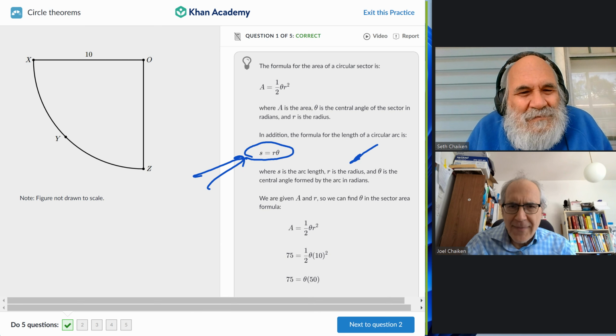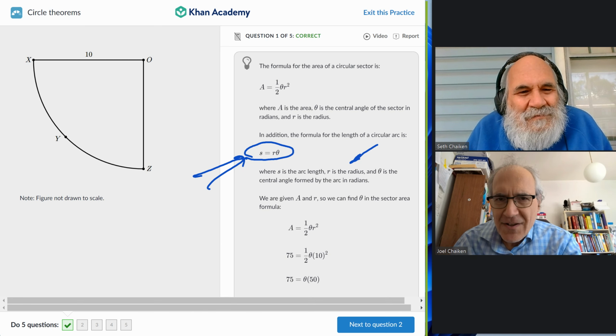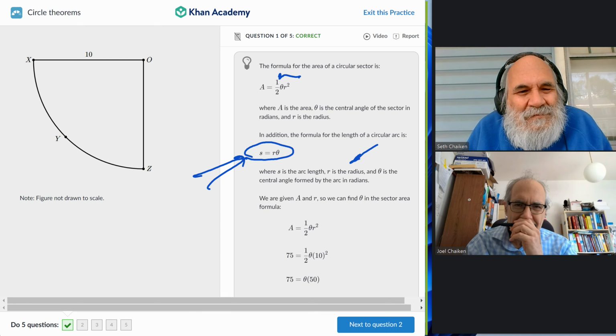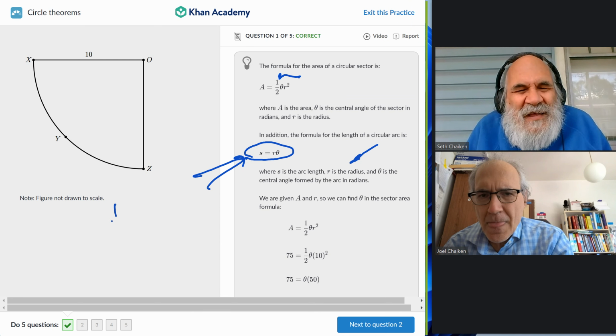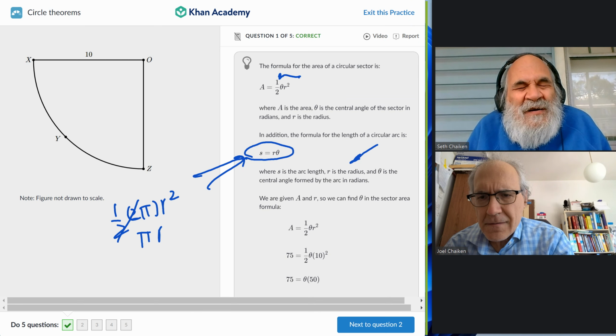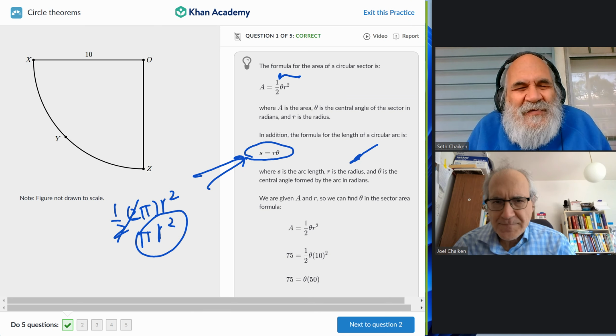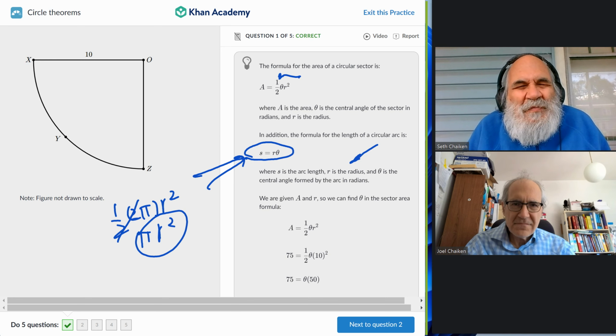The formula for the area of a sector is 1/2 theta times r squared. That's such a weird, I've never even seen it written that way. Now theta is equal to 2 pi for the whole circle, which gives the area of the whole circle as 1/2 of 2 pi r squared, which gives the usual pi r squared.